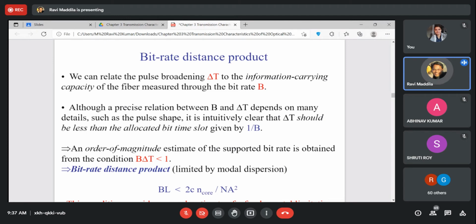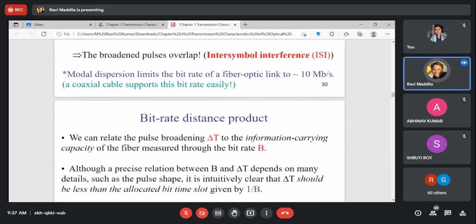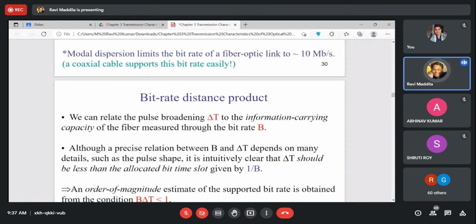Meaning, if I can transmit 10 Mbps of data rate over an optical fiber, and I can also transmit 10 Mbps over a coaxial cable, what should I consider?